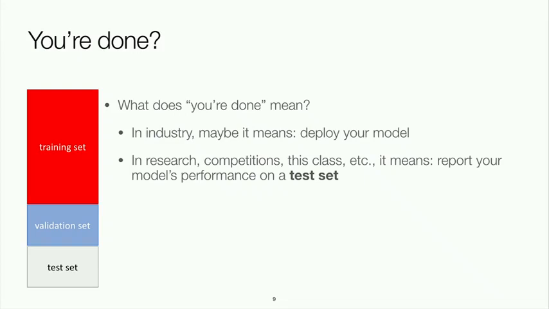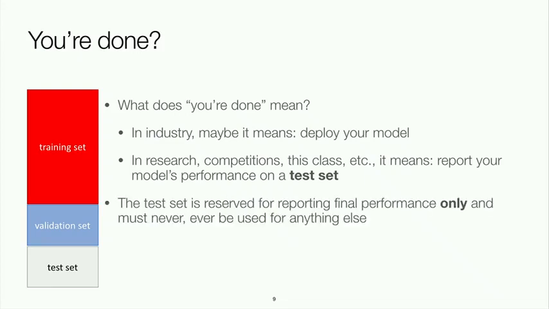That's another separate set of data that's completely disjoint from your training set and your validation set. The test set is reserved for reporting final performance only, and it should never, ever be used for anything else. Why is this the case? The test set is the gold standard estimate of your model's generalization capabilities.